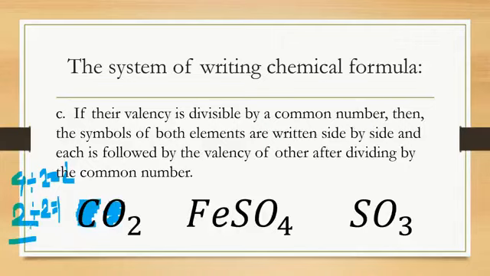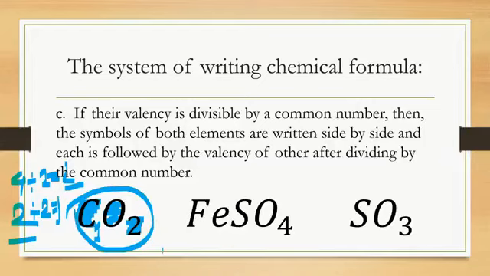When it is divided by 2, it is 1, which is written after carbon. And when we divide 4, the valency of carbon, by 2, it is 2, which is written after oxygen. So the formula of carbon dioxide is CO2.